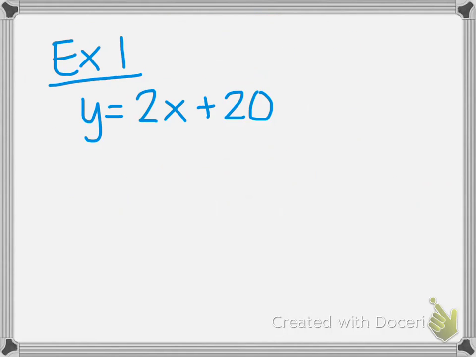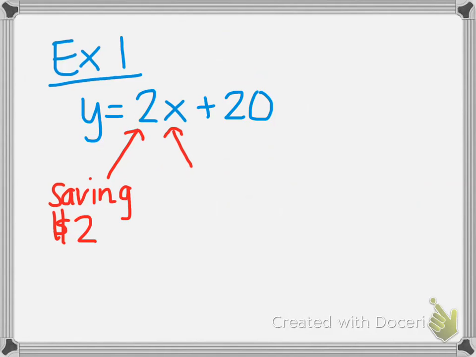Okay, example 1, I'm taking from the 6 cousins, the Chinese cousins, for the Lunar New Year when they each got $20, and some of them were saving money and some of them were spending money. So one of their equations, I think it was May, was y equals 2x plus 20. And the 2 represents how much she was saving, which was $2.